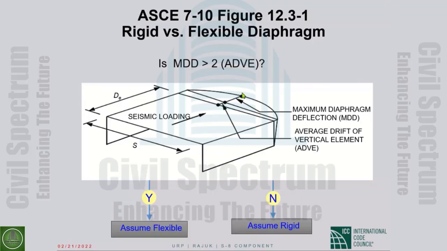If the in-plane deflection of the diaphragm is more than twice the average interstory drift of the supporting seismic force resisting systems, then you have a flexible diaphragm, flexible by calculation. We do not say if the deflection is less than 2, you have a rigid diaphragm. ASCE 7 doesn't say that. Okay? So ASCE 7 has prescriptively flexible, prescriptively rigid, and flexible by calculation.